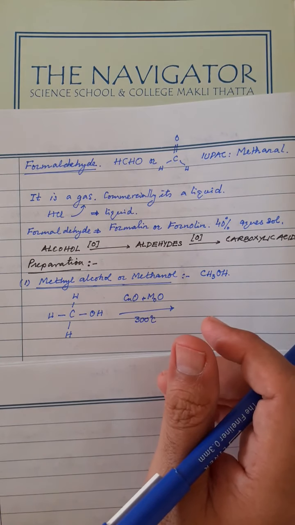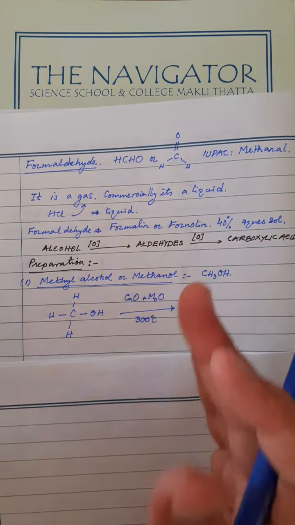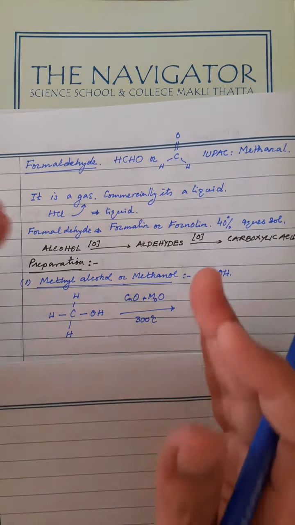Now let me explain to you. Methanol is liquid, okay? Methanol vaporizes very easily. Let's say this is a container which contains methanol, CH3OH. It will vaporize on its own very easily, okay?